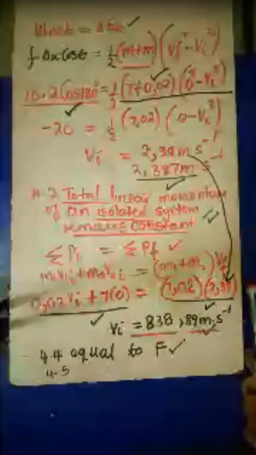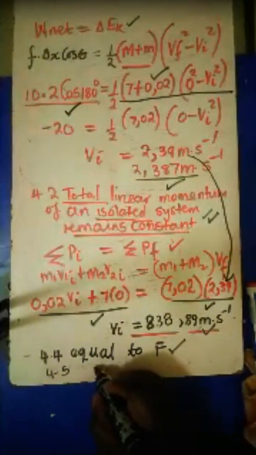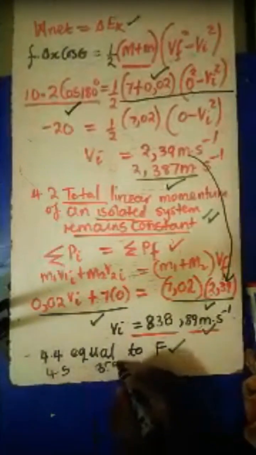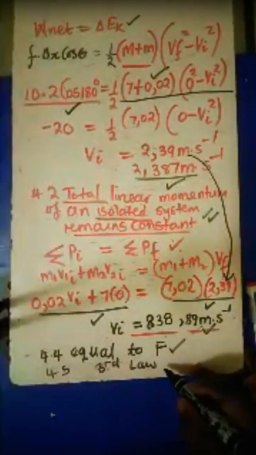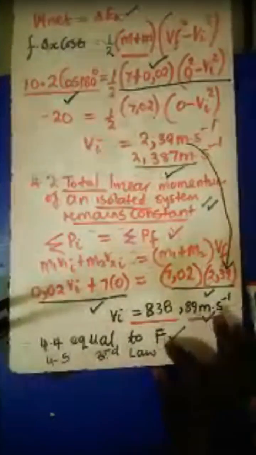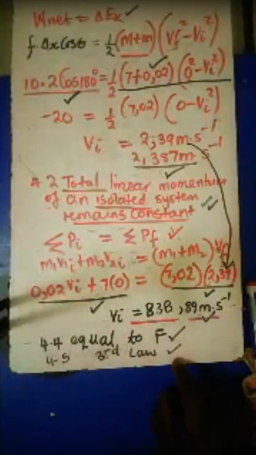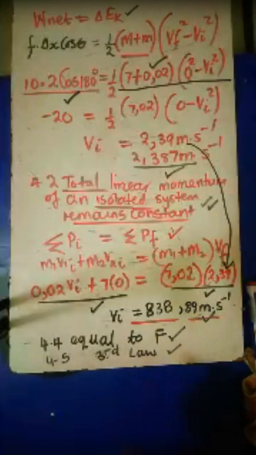So if you say Newton's third law, then you deserve your mark for 4.5. If you say less than and say Newton's third law, we are marking them independently. We don't do negative marking. If this one is wrong, this one is right, you give yourself 1 mark.